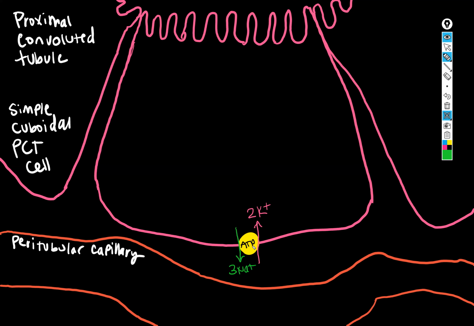So the reality is at the basal surface of each of the PCT cells in the tubule, we're going to have lots and lots and lots of this pump, but I'm only going to draw one of them because I need to have room to draw the transport of other things. So just mental note, expect that the basal surface of all of these cells has many of these pumps per cell because they're doing an important thing.